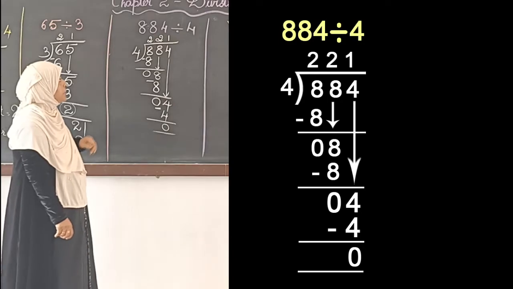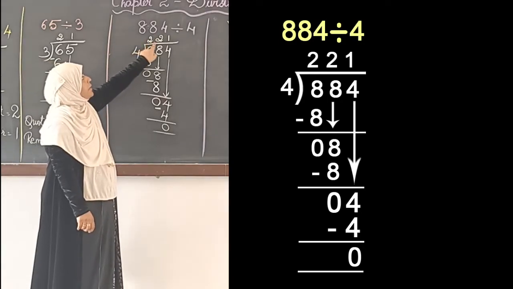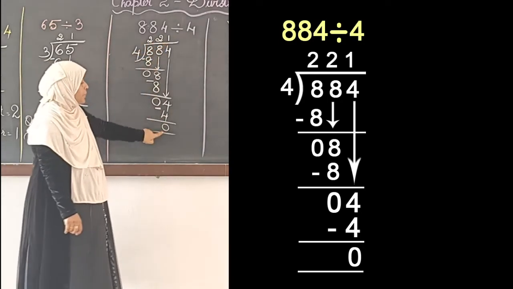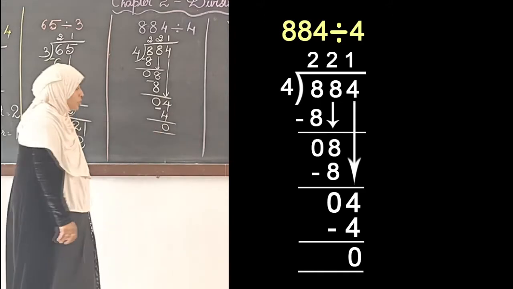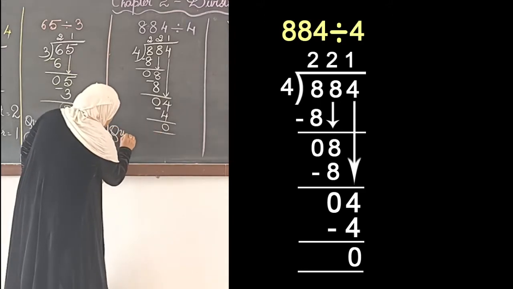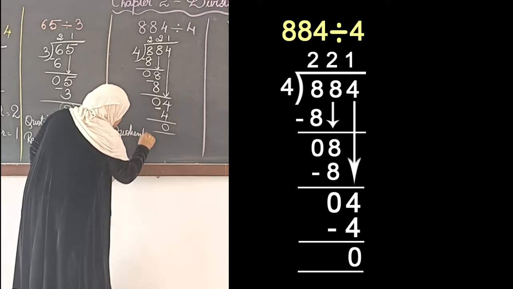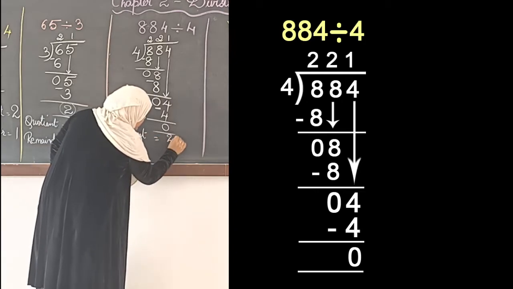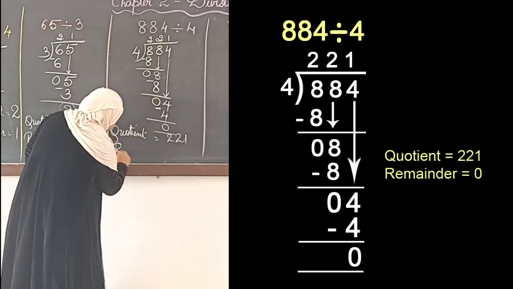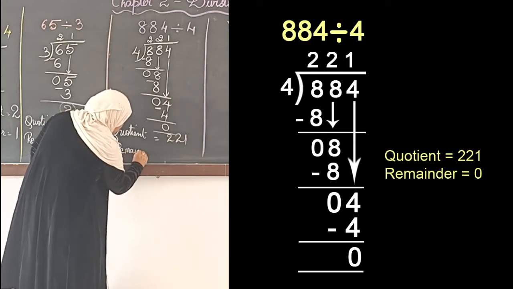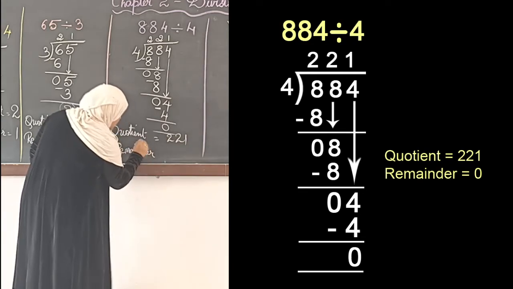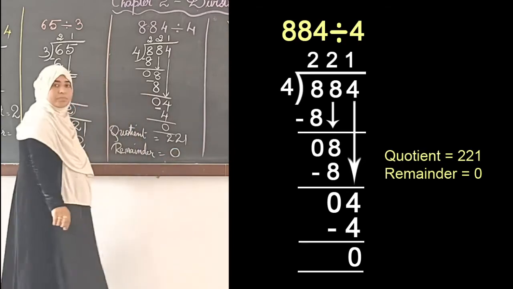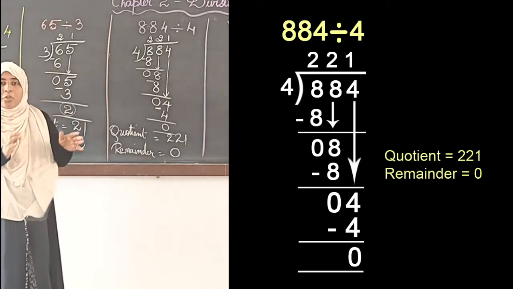So the quotient that we have got over here is 221 and the remainder is 0. I hope you have understood how we do long division.